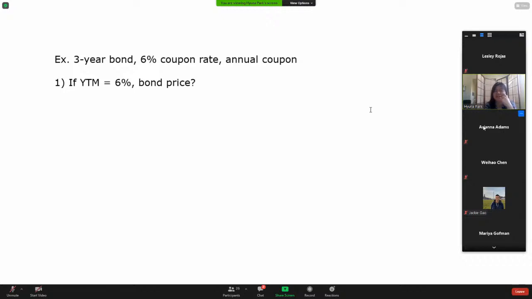So what's the price of this bond? A 3-year annual coupon bond with a 6% coupon rate. If yield to maturity is also 6%, what's the bond price?